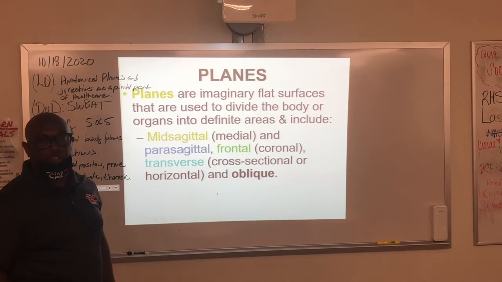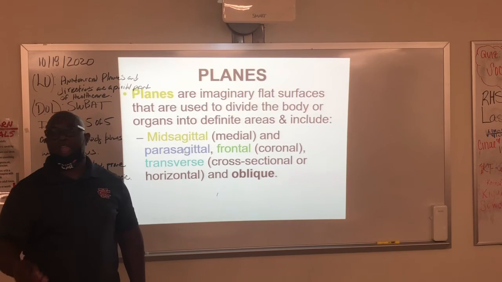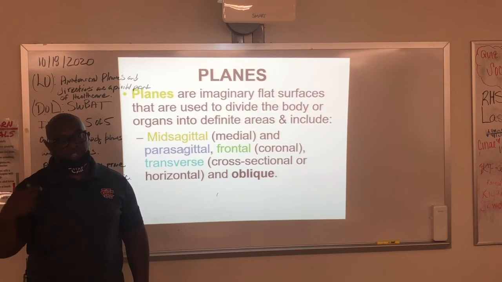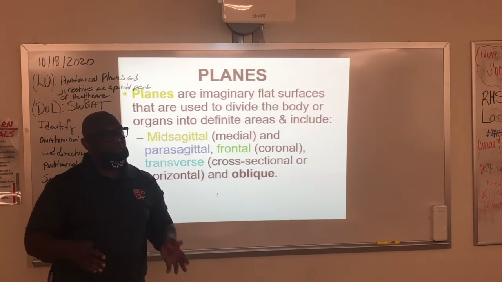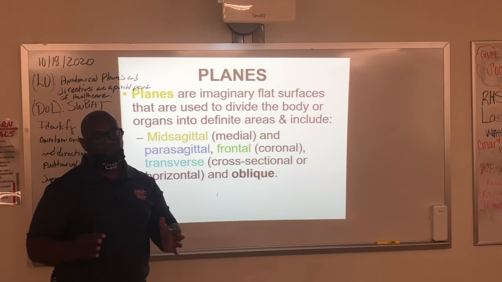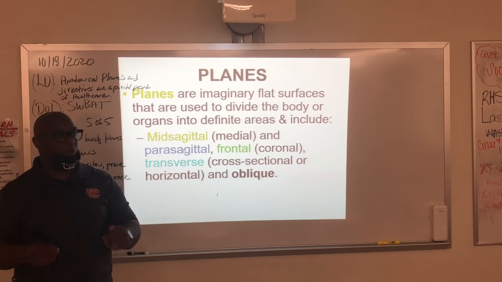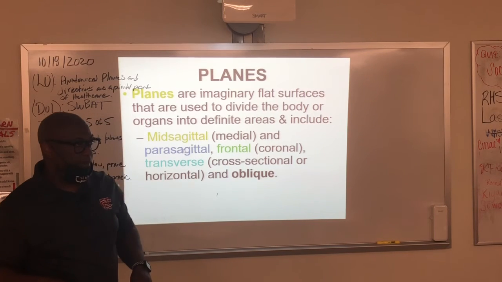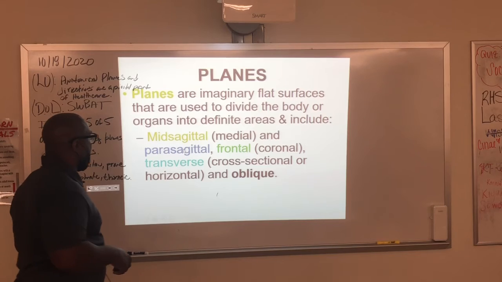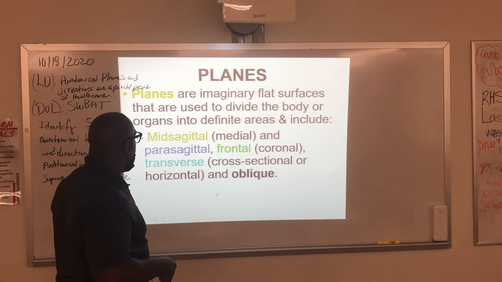Frontal divides the body into front and back, or in more anatomical terms, anterior and posterior. I'm just giving you front and back because you're kind of new to it, so you have a reference. But the correct term on the quiz will be anterior and posterior.